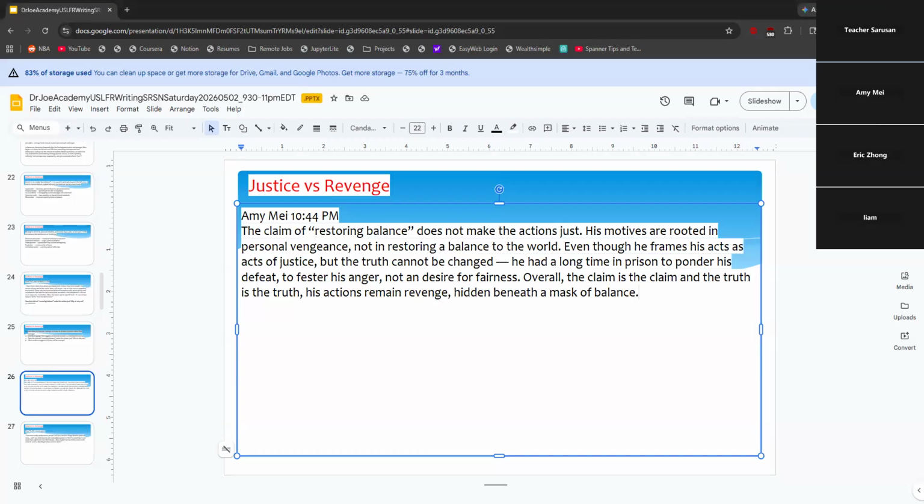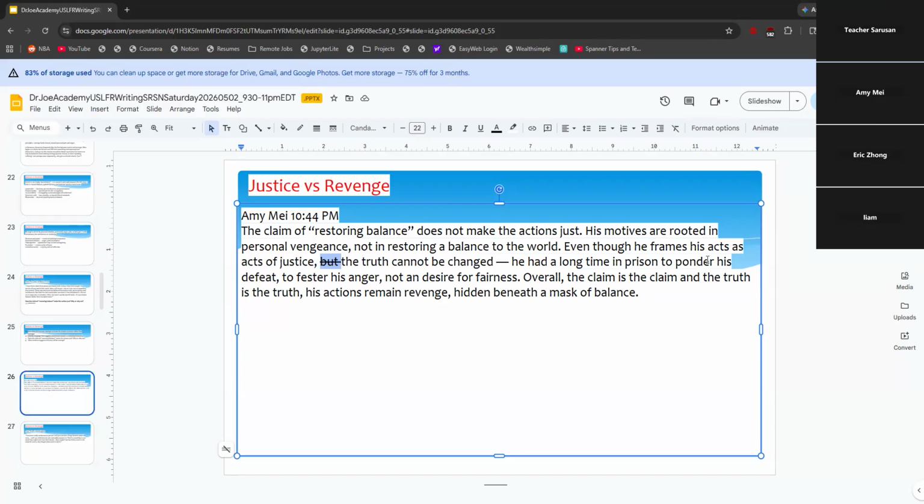Even though he frames his acts as acts of justice, but the truth cannot be changed. I think the word but here kind of throws off the flow of the sentence. Even though he frames his acts as acts of justice, the truth cannot be changed. I think that sounds better.